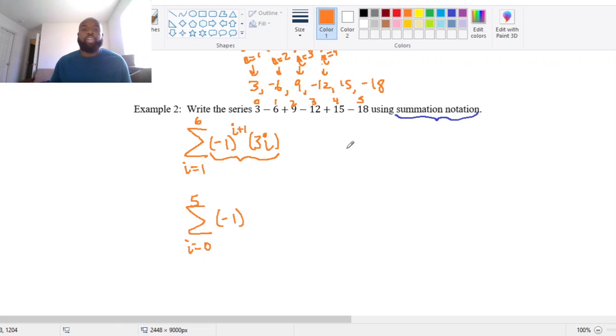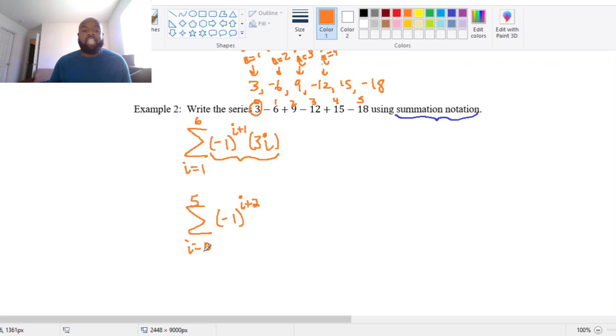I need this first exponent to be even, so that I can get a positive 3 there. And so I'm going to have to increase this in order to make this work. So I'm going to have negative 1 to the i plus 2.